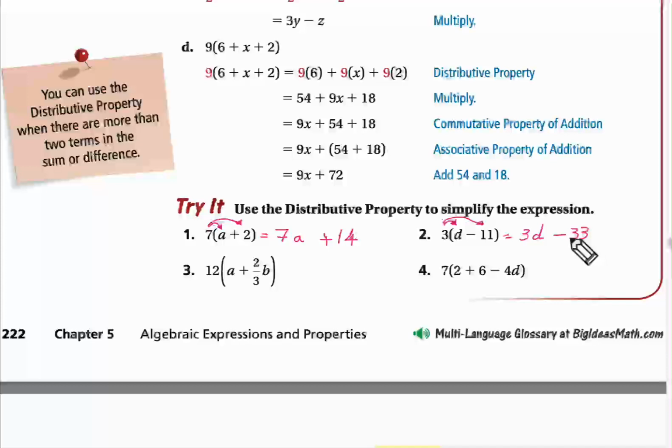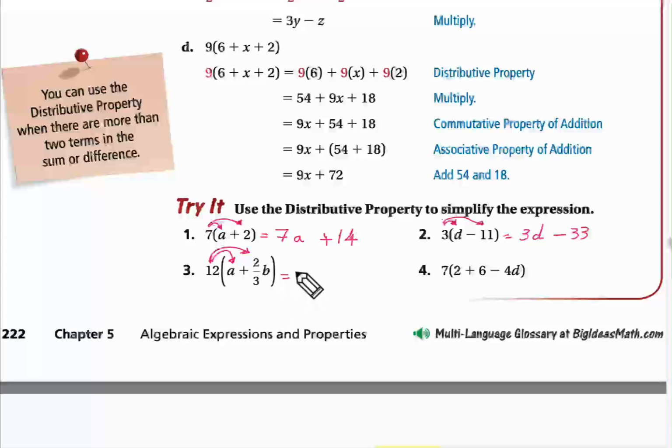Muhammad Dosari. Yes, mister. Question number 3, my hero. Go ahead. Okay. 12 times the quantity a plus 2 over 3 b. So it will be multiply the 12 by the first term and multiply it by the second term.